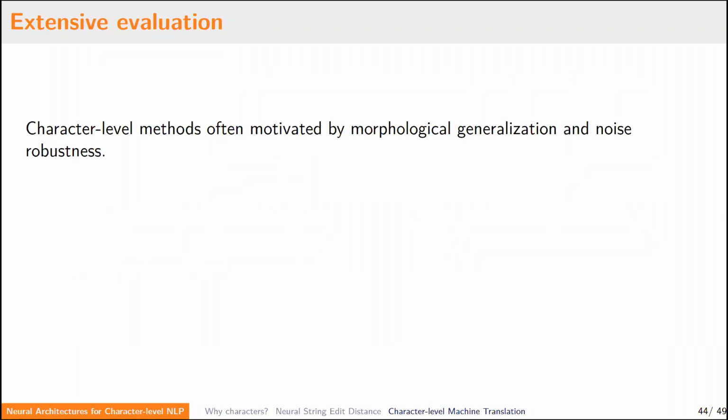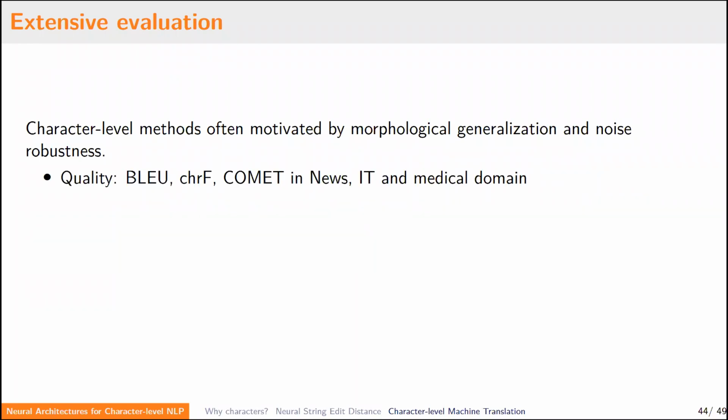Most of the papers on character level machine translation motivate their experiments with morphological generalization and noise robustness, but almost none of the papers actually does any measurements that would confirm that. They just say it's our motivation, and they never measure that. We wanted to measure everything carefully, so we measure the translation quality using several metrics in several domains.